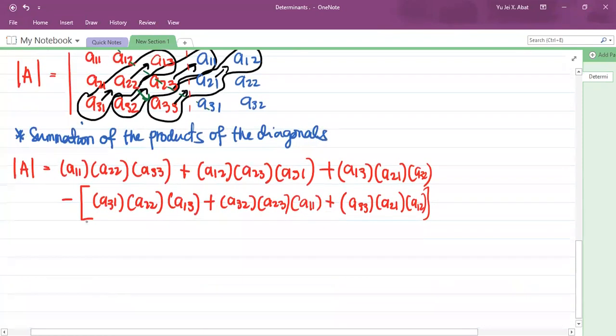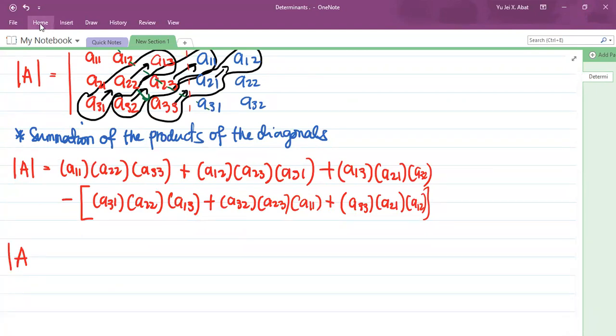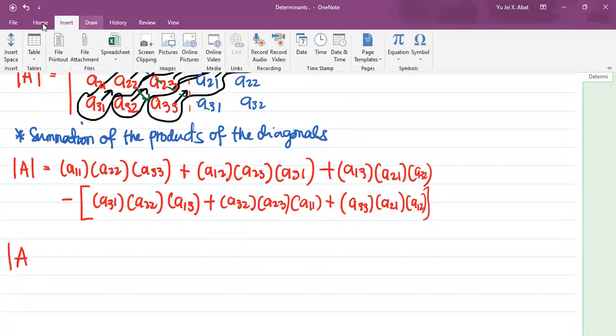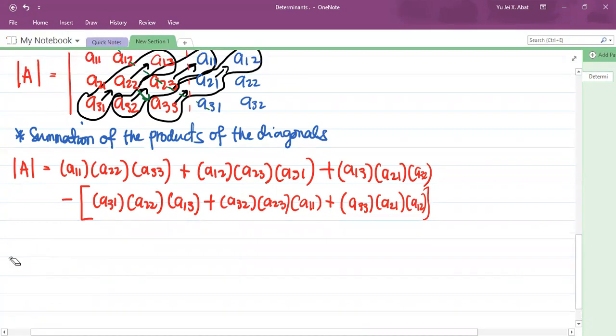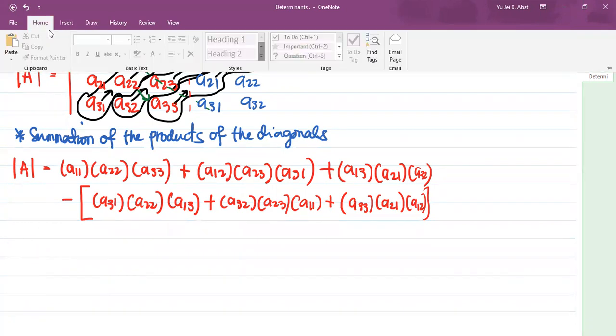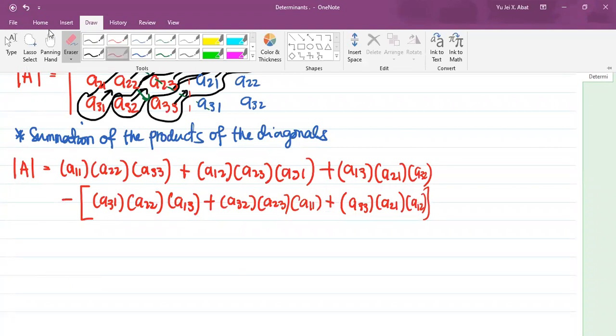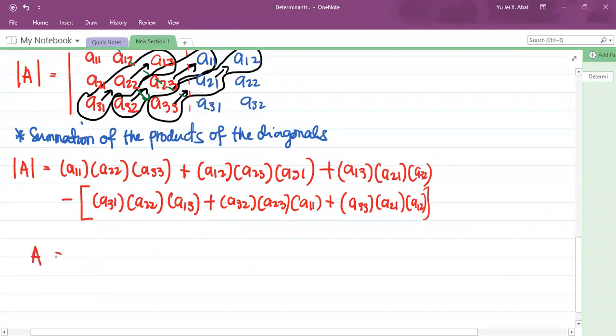Instead, if you're going to apply it in real life, or in real problem, for example, matrix A. Okay?